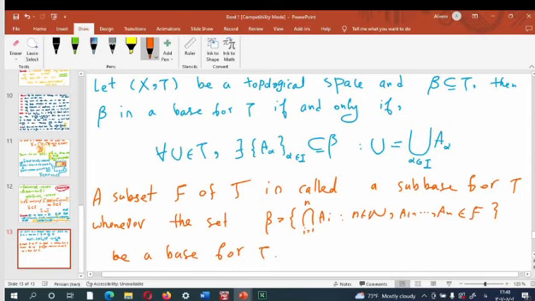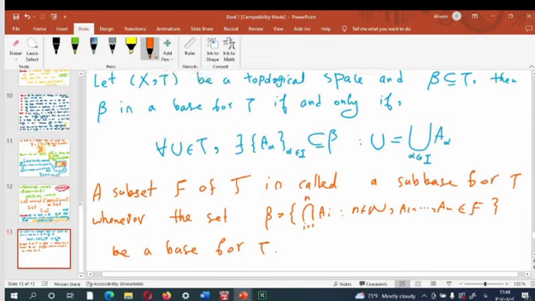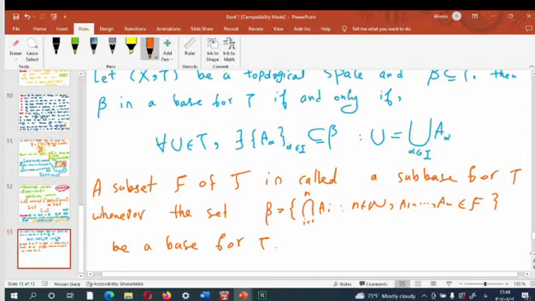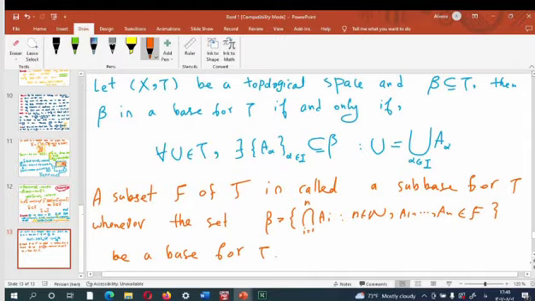Okay, this is the definition of base: any element of tau can be written as a union of beta elements.